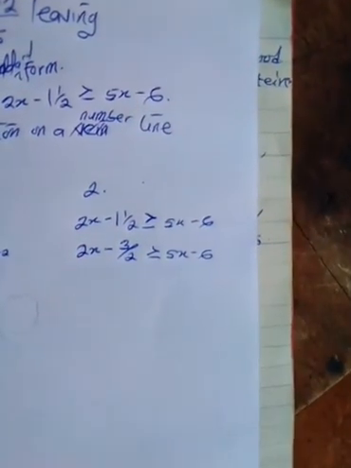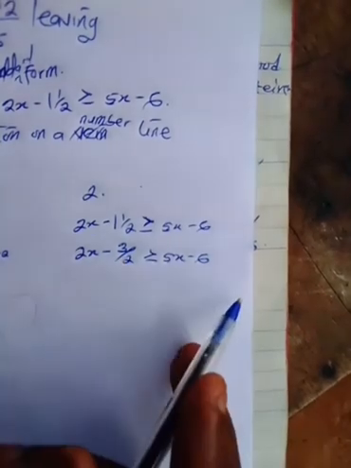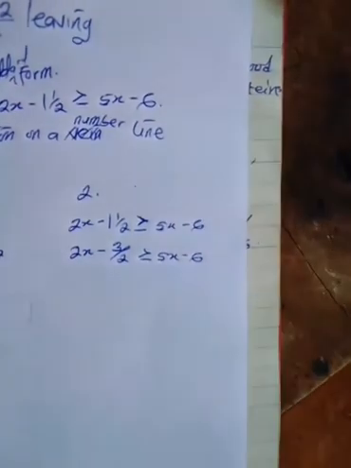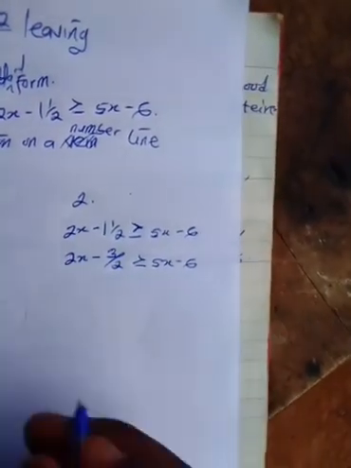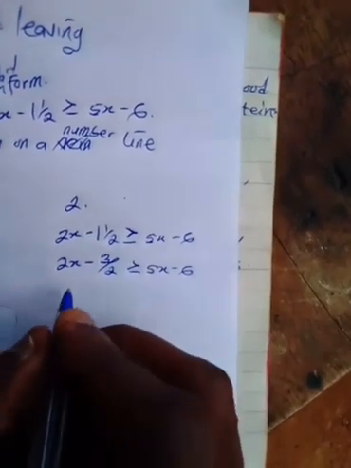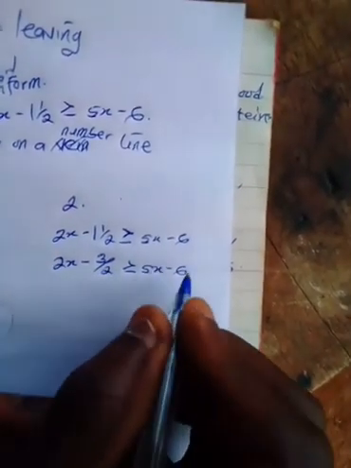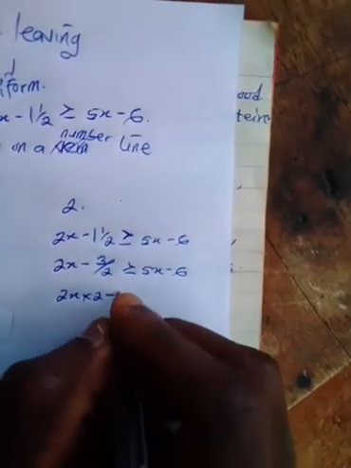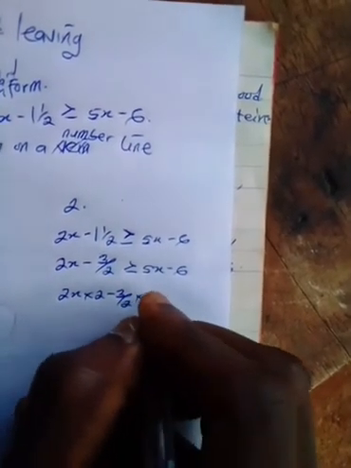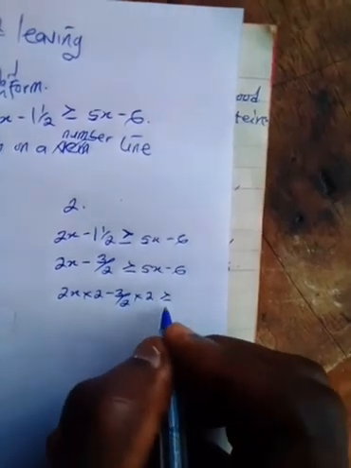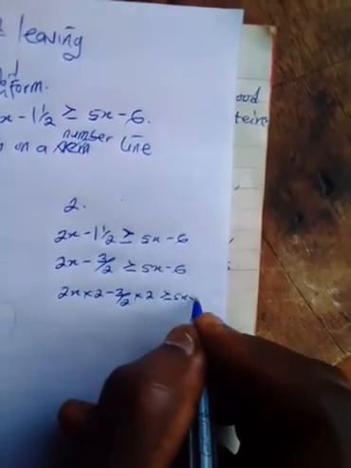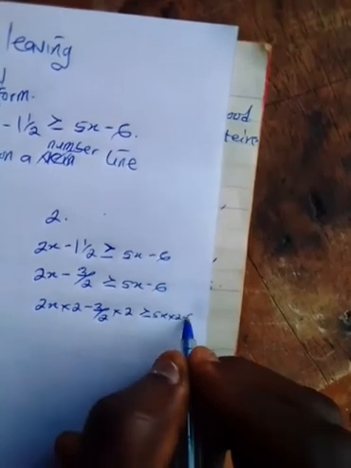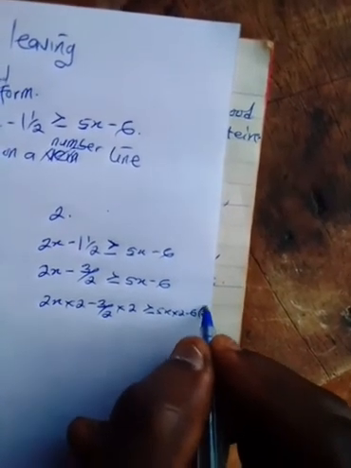So if I want the LCM here, what will I do? It's 2, because I have only one denominator, so that will be my LCM. So when it's 2, I multiply this one by 2, this one by 2, this one by 2, this one by 2. So I have 2x times 2 minus 3 on 2 times 2 greater than or equal to 5x times 2 minus 6 times 2.